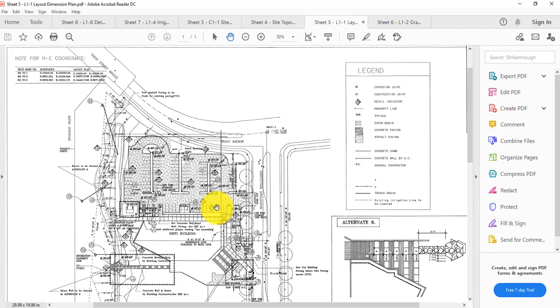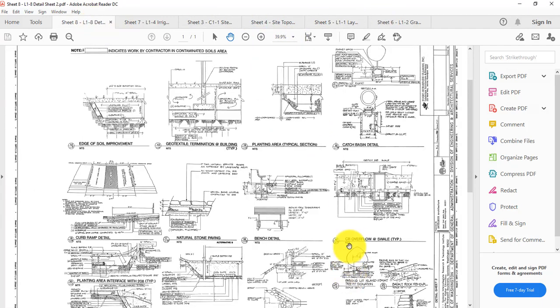Take a look at some of these questions that talk about the width of the sidewalk, or the gravel base, which is, when you think about it, a detail, right?